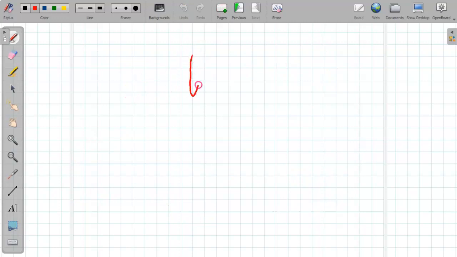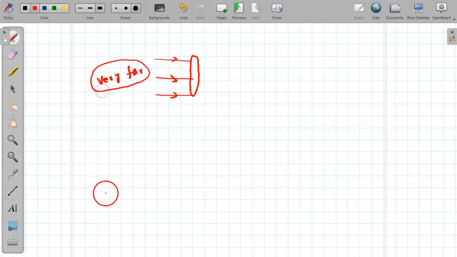Now it is a convex lens. I draw parallel light rays, which means the object is very far. They will not give it; just by observing the light rays, we decide the object is located very, very far.